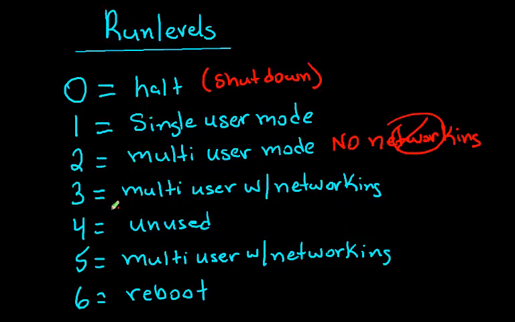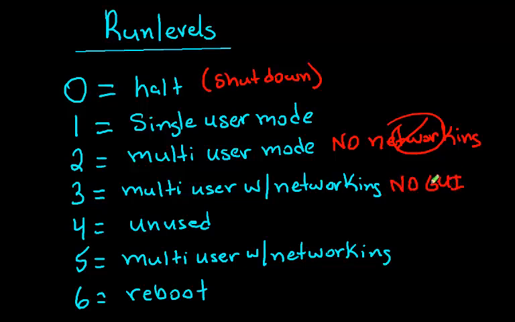Run level 3, on the other hand, is probably the most used run level of all because it is multi-user and it has networking. So if you're running a server, this is the mode that you'll be in because it provides you all the functionality that you need, but it has one little downside for a typical desktop user, and that is that there is no GUI.